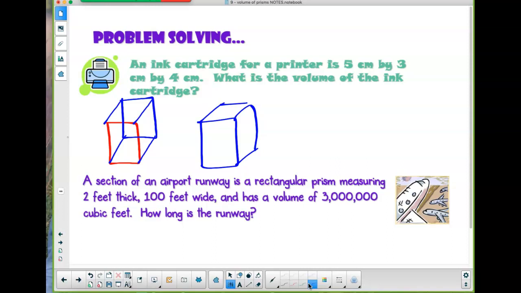So it says it's 5 centimeters by 3 centimeters by 4 centimeters. Does it matter where I put the numbers? Not really, okay? Because it really doesn't matter. I'm going to label this one 5 by 3 by 4. Okay. Volume is area of the base times the height.